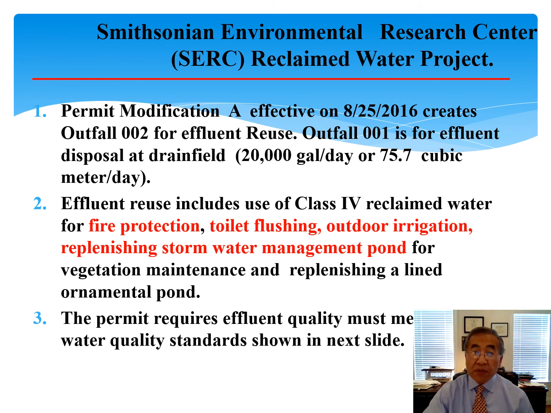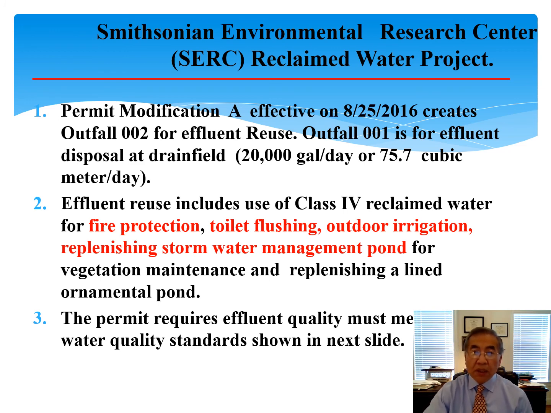We permitted this facility for reclaimed water reuse on August 25, 2016. We created outflow number 2 for water reuse. Outflow number 1 is for discharging their treated wastewater into a drain field. If they are not using the reclaimed water, all their treated wastewater goes into the drain field.